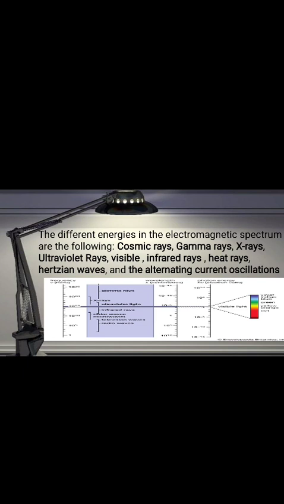When we say cosmic rays, those are high-energy protons and atomic nuclei that move through space at nearly the speed of light. They originate from the sun, from outside of the solar system and our galaxy, and from distant galaxies.